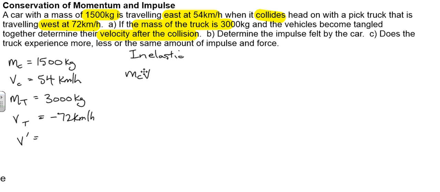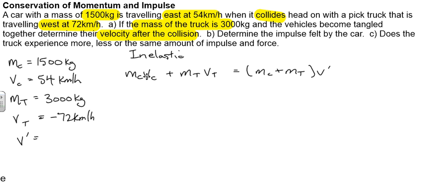So MC VC plus MT VT equals the combined mass, which is the mass of the car plus the mass of the truck, times their combined velocity after. So it's the momentum, mass times velocity of the car, plus the momentum of the truck, equals the total mass times the velocity after.